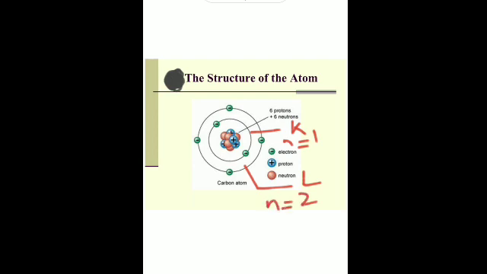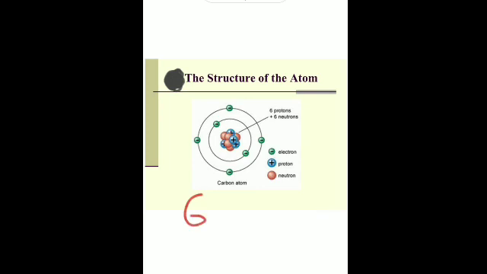So we know in shell number 1 a maximum of 2 electrons can be accommodated, and in the second shell a maximum of 8. Is it clear? Now for carbon we have 6 electrons.